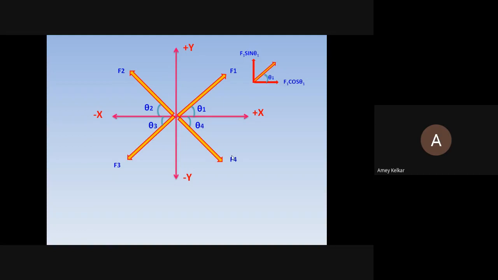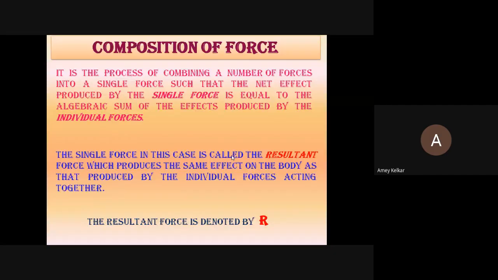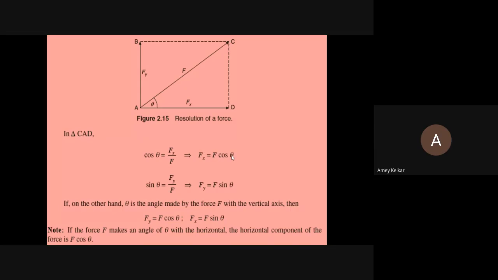Now try and relate this image with what we had done previously. Try and relate this image with the rectangle where we had found the two components. This is very, very important. Back there we had Fx and Fy. Fx was F cos theta and Fy was F sin theta.